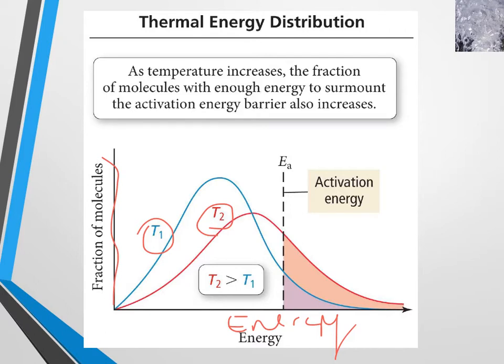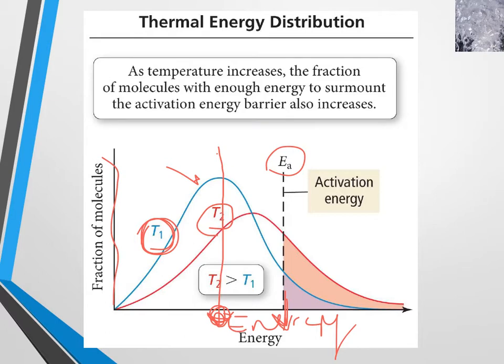So, for example, look at the blue curve. It is occurring at a certain temperature. So the average kinetic energy at this temperature would be whatever the scale would show it would be. And the energy needed to react, that is the activation energy, is here.